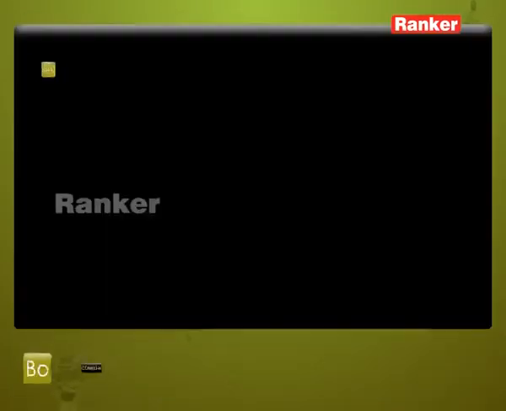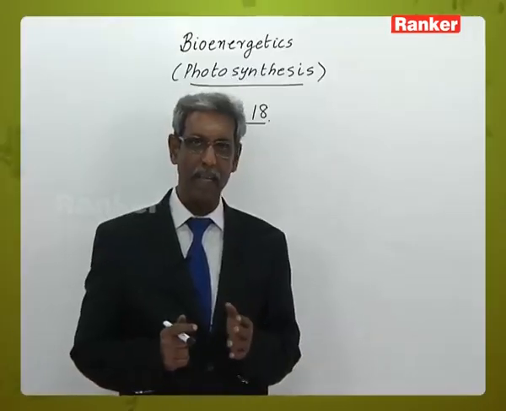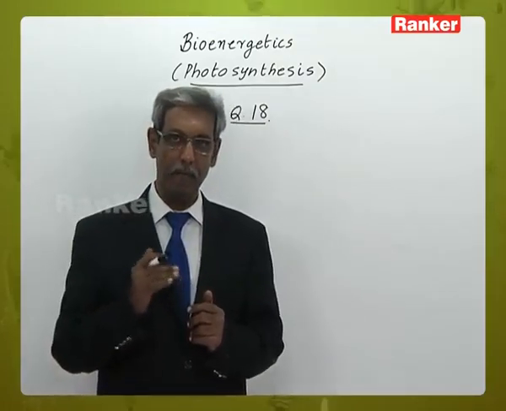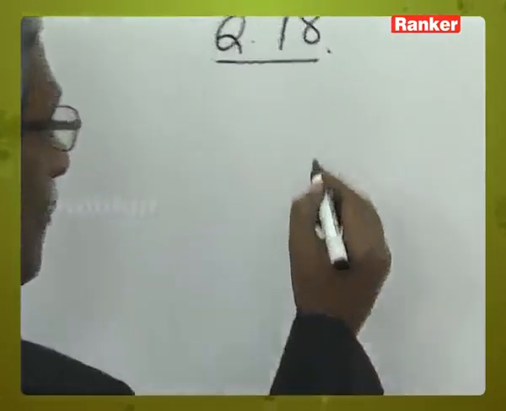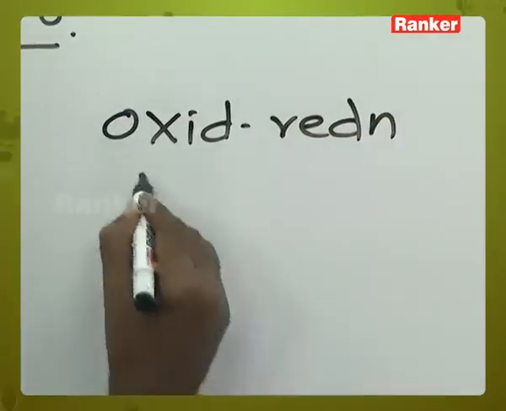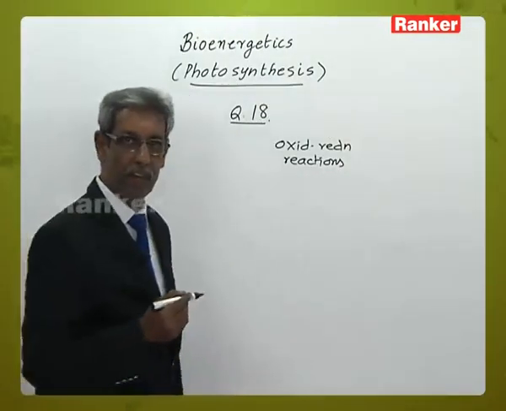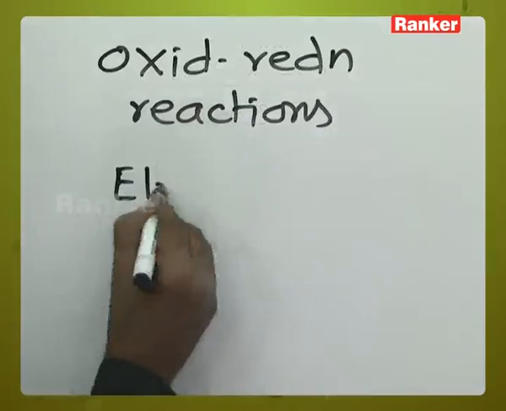Question number 18. Both photosynthesis and respiration require A. Chloroplasts, B. Cytochromes, C. Mitochondria, D. Sunlight. What exactly is common between the most important reactions in a plant? In photosynthesis and respiration, there are always a lot of oxidation reduction reactions, which involve the electron transport system.